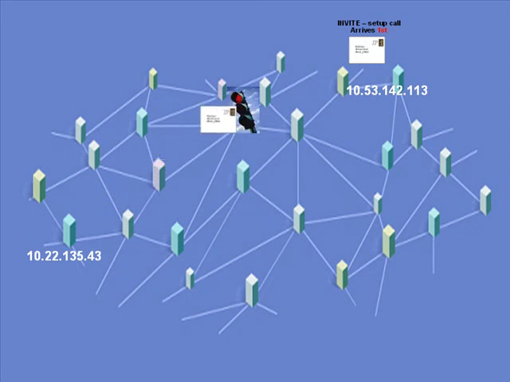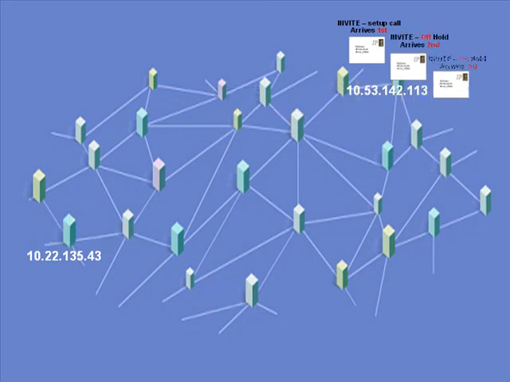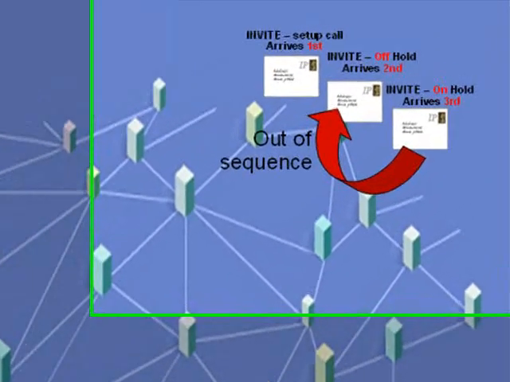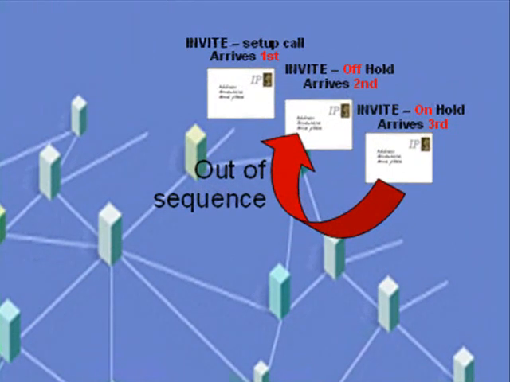But the on-hold invite is delayed somehow in the network. It's possible that just a moment later, the caller takes the call off hold, triggering the dispatch of another re-invite, which because of congestion is sent through the network over a different route. Now, as we can see here, it's possible that these two re-invites could arrive out of order. Can you see it there?